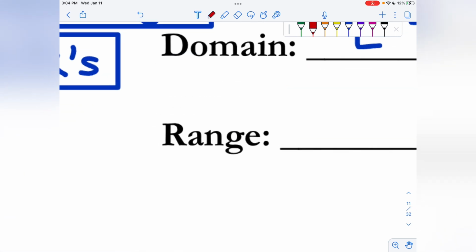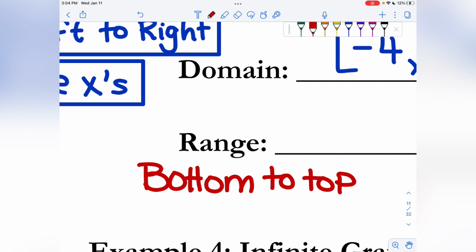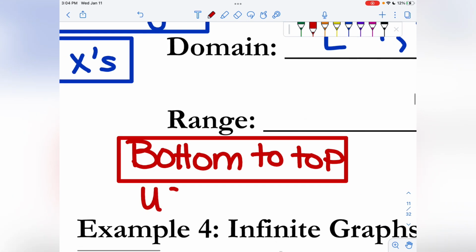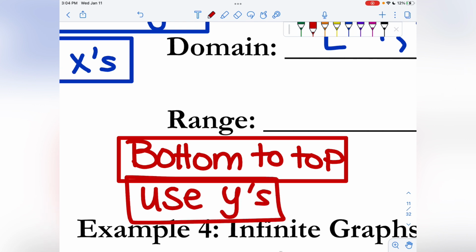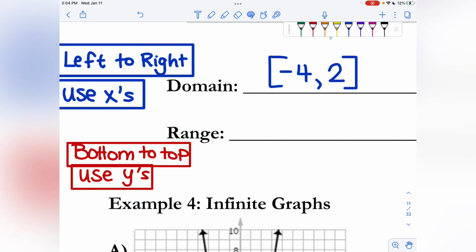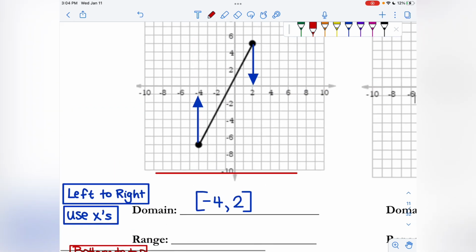For range, range goes bottom to top, bottoms up, as I like to say. I'll say bottom to top. And instead of using x's, we're going to use y's. So where does this function start from the bottom?